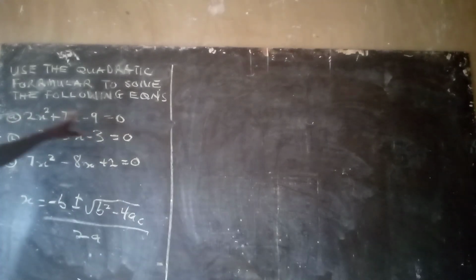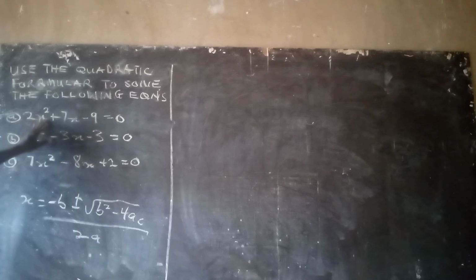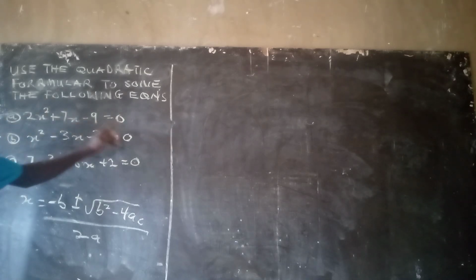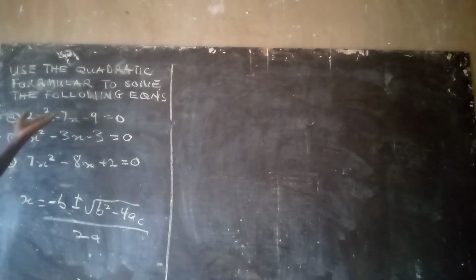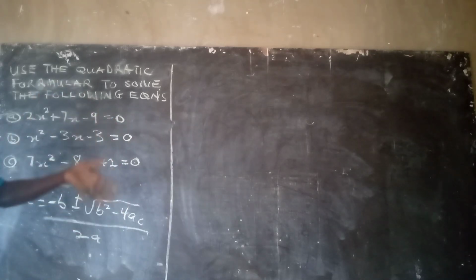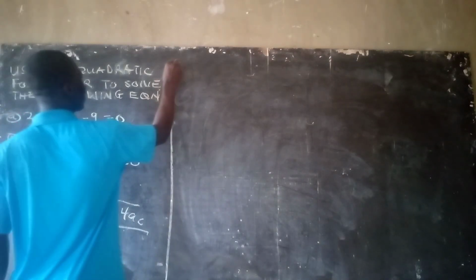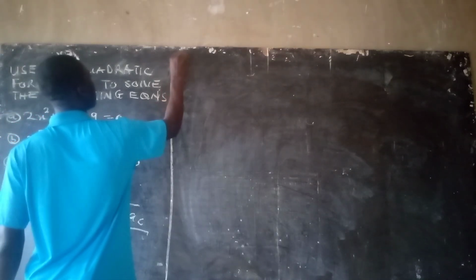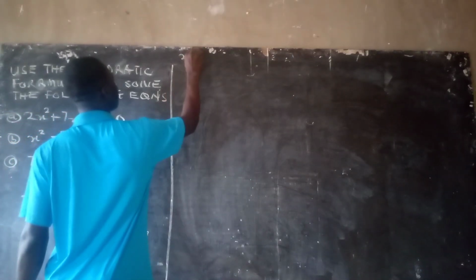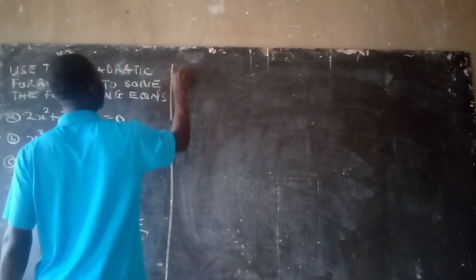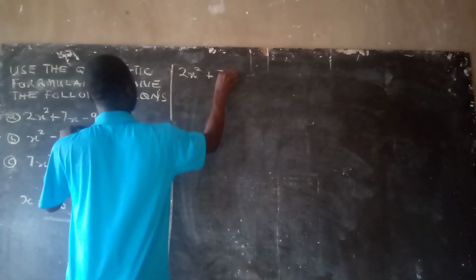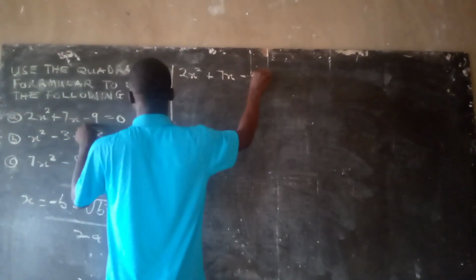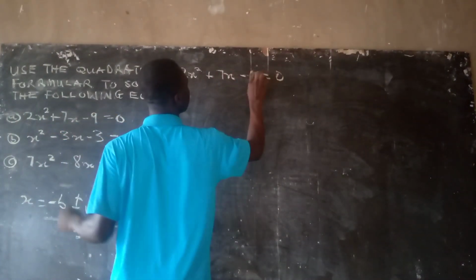So from our equations, we have to find which of them is a, which of them is b, and which of them is c. Okay, so let's continue. For the first one, we have 2x squared plus 7x minus 9 is equal to 0.